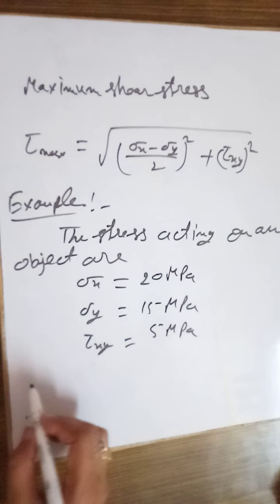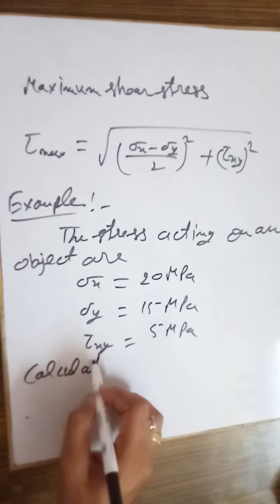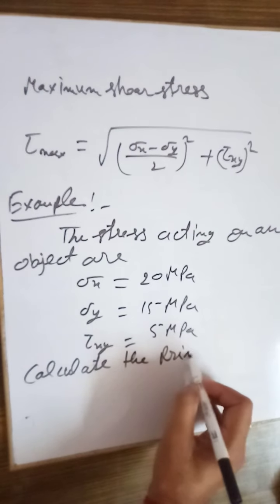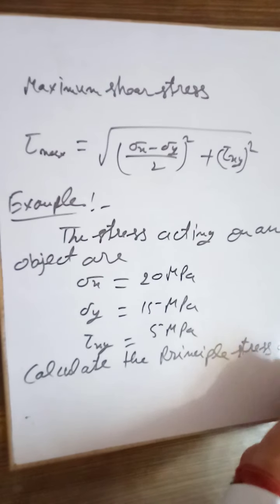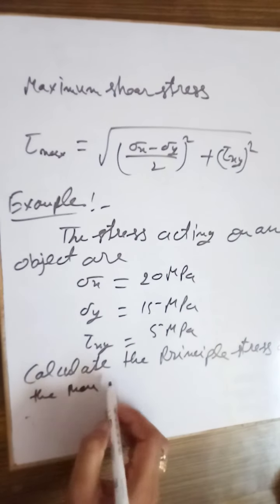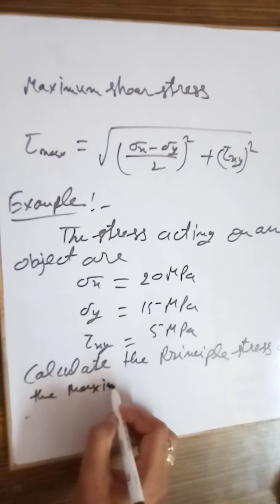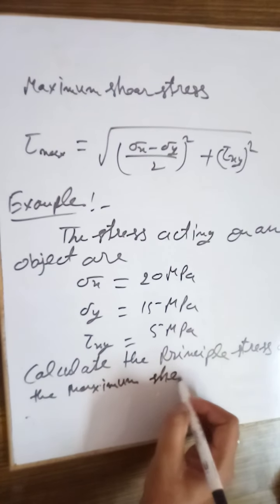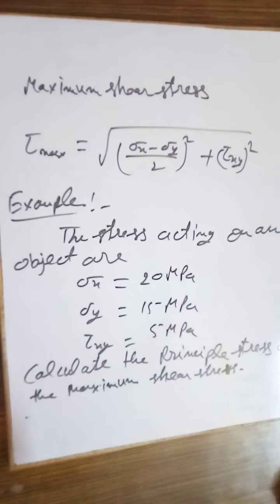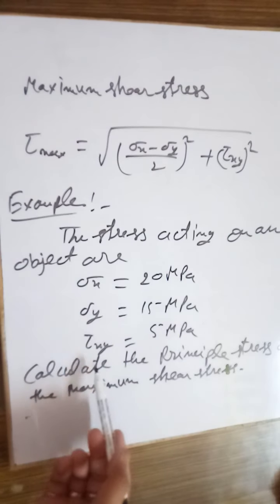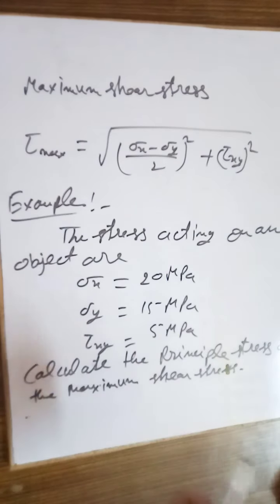Okay, so you need to calculate the principal stress and the maximum shear stress. Okay, so it's quite easy. So you need to put the values of the three variables given and you need to find out sigma 1, sigma 2 and tau maximum. Okay, so I think no need to continue this. It's quite an easy problem based on this.